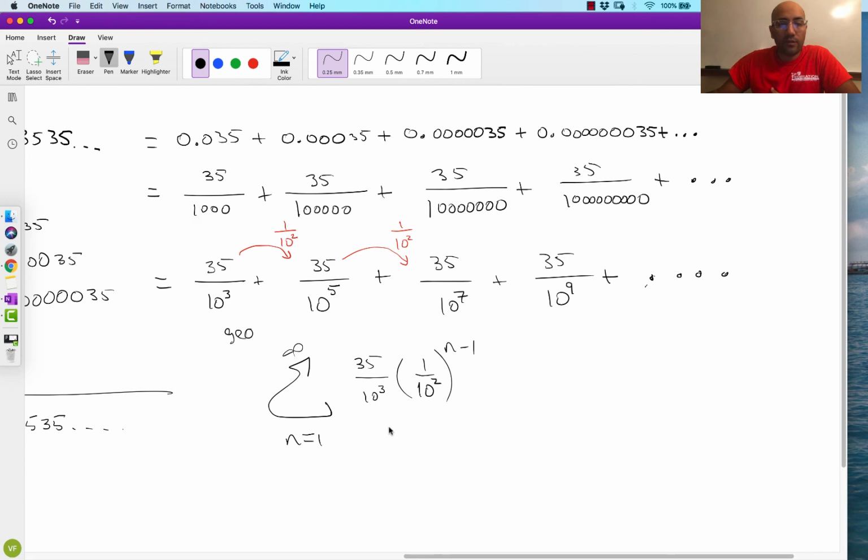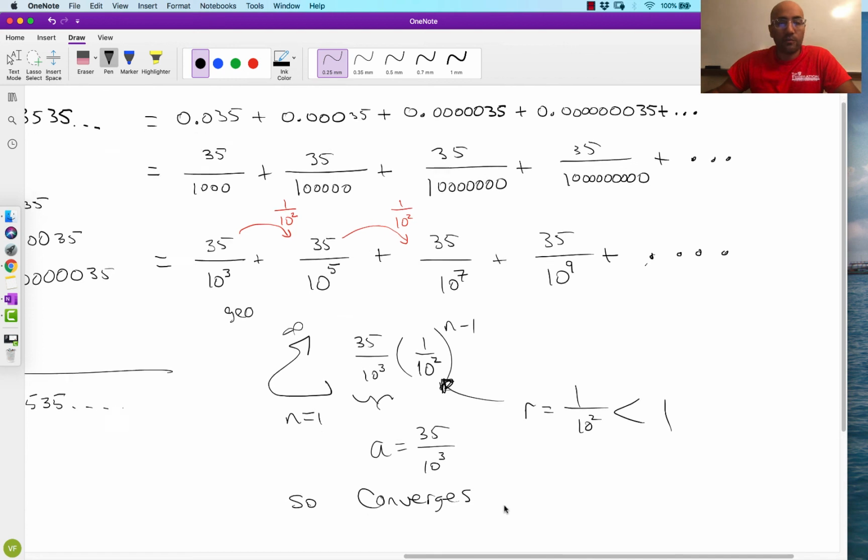So this is geometric, where this part is the a. The a in my geometric series is 35 over 10 to the power of 3, and this part in there is the r. The r equals 1 over 10 squared, which is definitely less than 1, so it converges. So, converges.